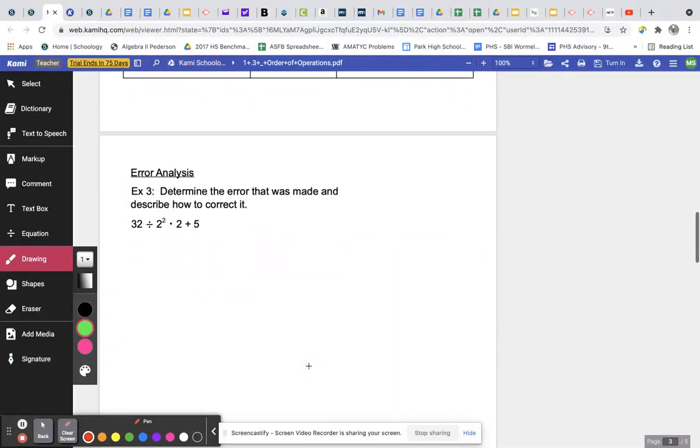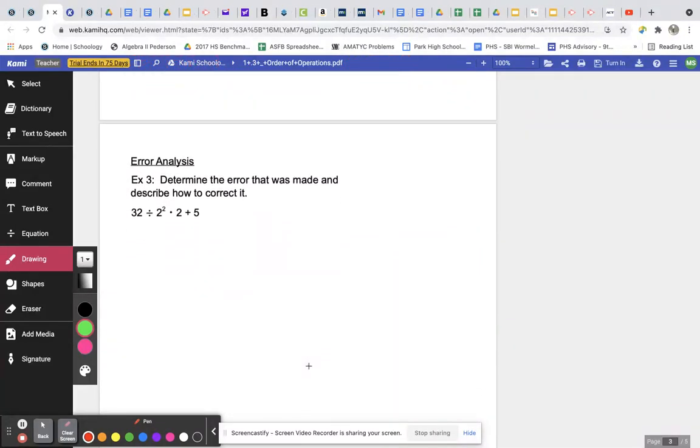All right, the last piece right here is an error analysis. And I'm going to go through, I'm going to do this. I want you to see if you can catch the error. So I'm going to write this out as if I'm doing this maybe as a particular student. And I'm going to do the squared. All right.